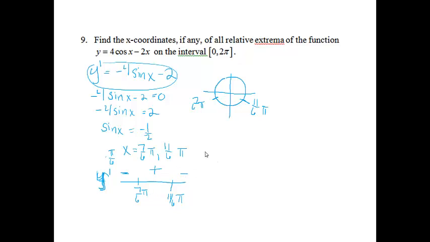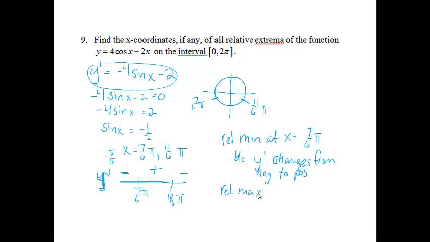We want to find the relative extrema, so I could say that there's a relative min going on at x equals 7/6 pi, and that is because y prime changes from negative to positive. My function is decreasing and then it is increasing, so it would cause a minimum to occur.